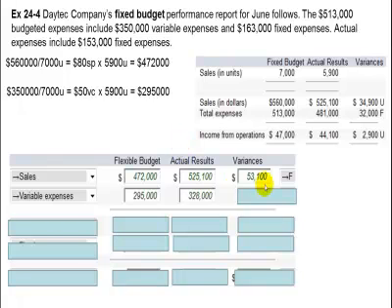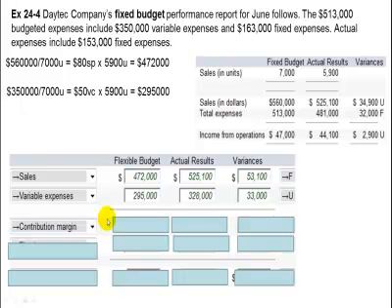So we had actual variable cost of 328, which was the 481 total, taking out the 153 fixed piece of it. That leaves us with a variance of $33,000, and it's unfavorable because the actual was higher than the budgeted amount.